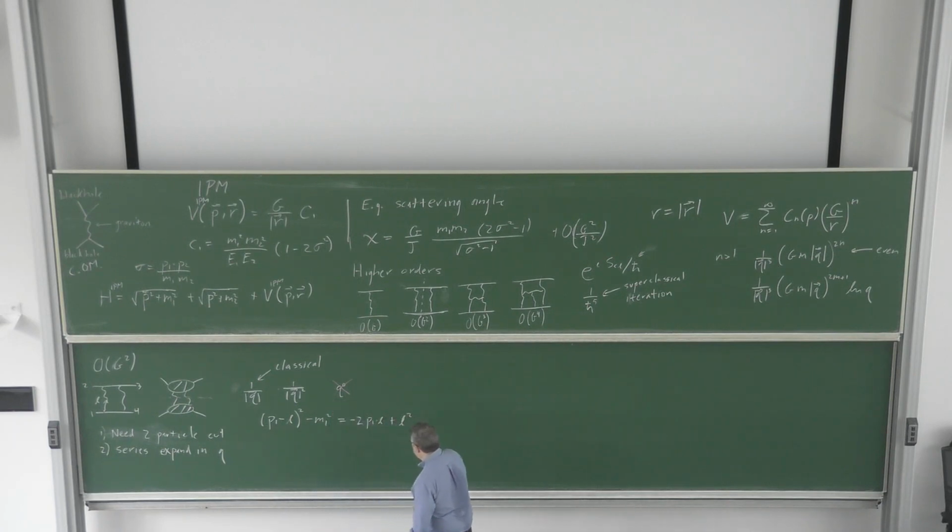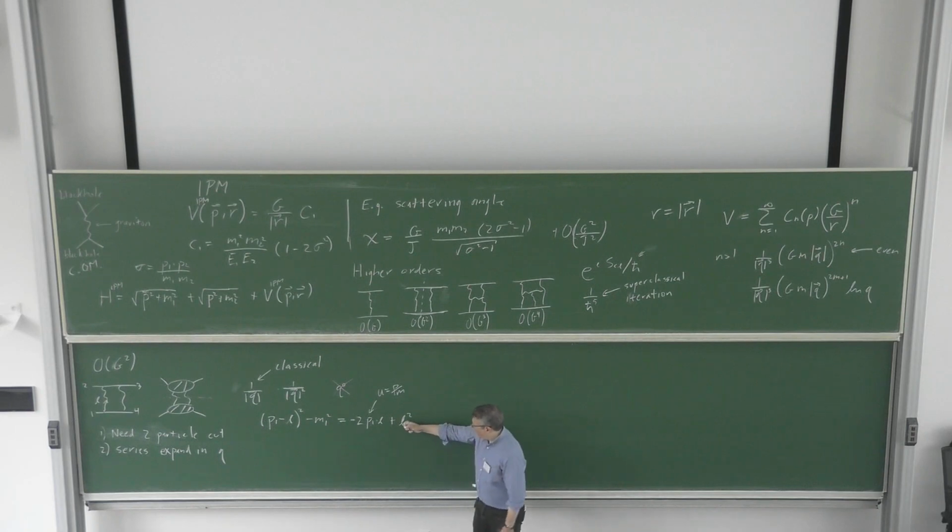Well, what you can do is scale out this external momentum. What you really want to do is replace this with U equals P over M, so it's dimensionless. L is dimensionful.